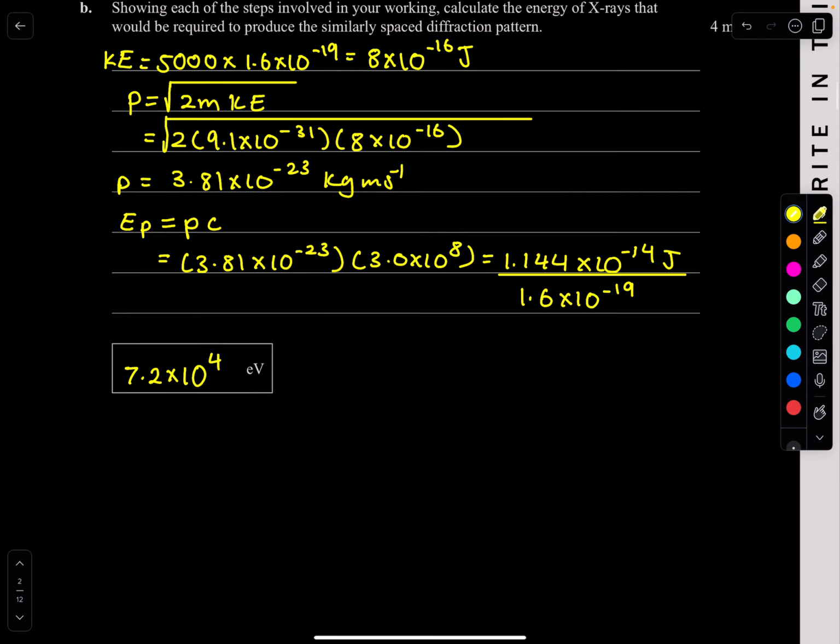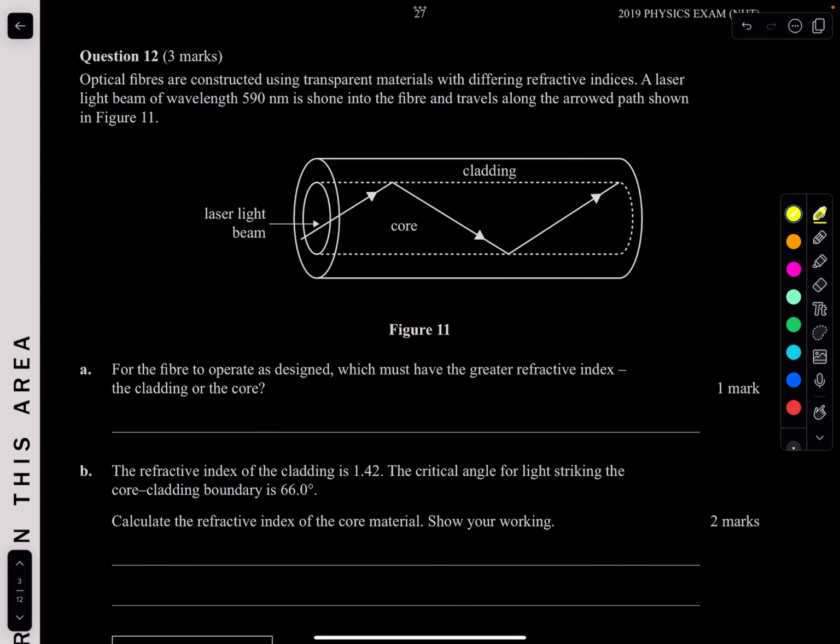Beautiful. Done. Question 12. Optical fibers are constructed using transparent materials with different refractive indices. A laser light beam of wavelength 590 nanometers is shone into the fiber and travels along the narrowed pathway shown in figure 11. For the fiber to operate as designed, which must have a greater refractive index, the cladding or the core?